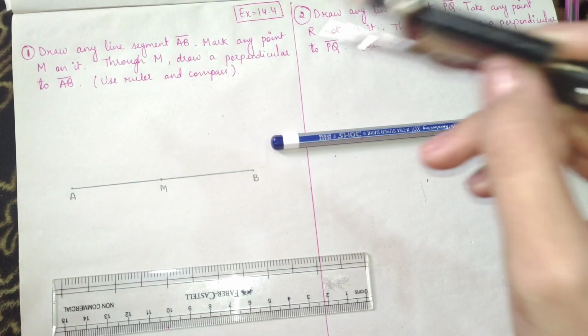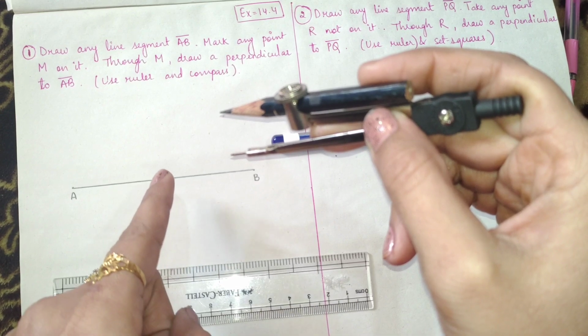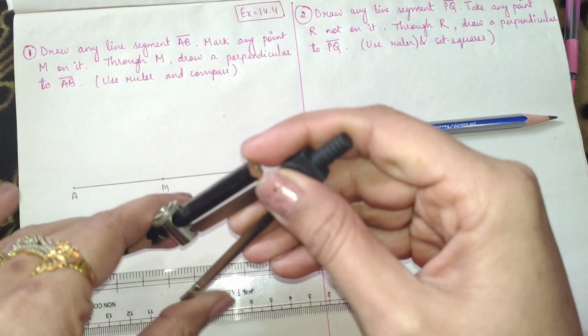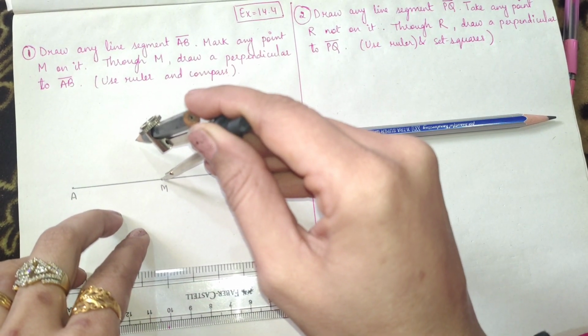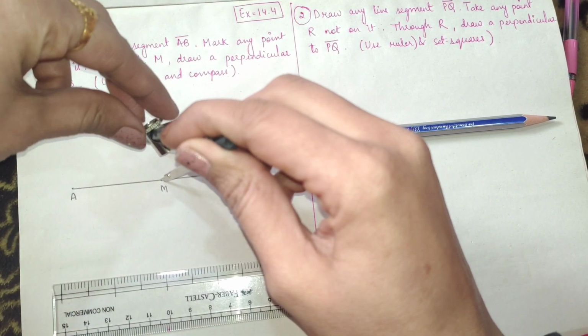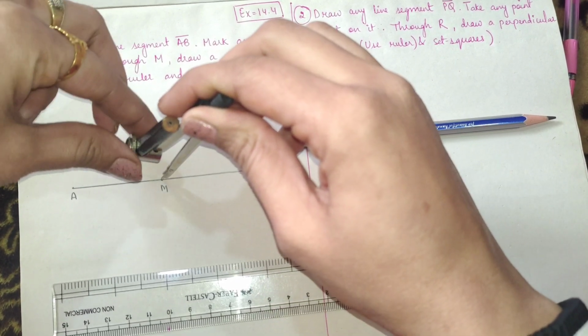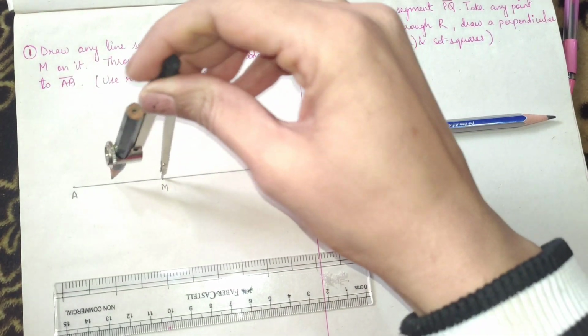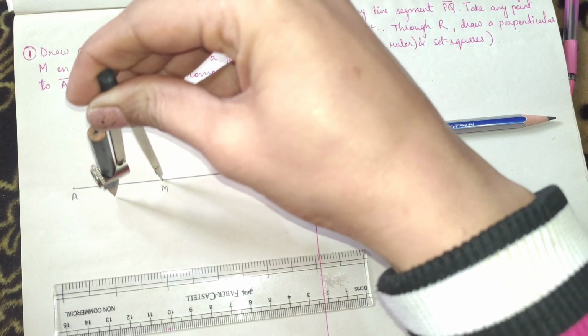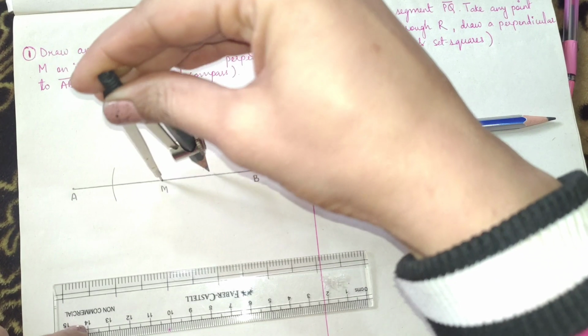First, we'll keep our pointer exactly on the point M that we have taken on the line, and open the compass to any radius we want, like I have opened it till here. Then we need to draw two arcs which will intersect the line like this.